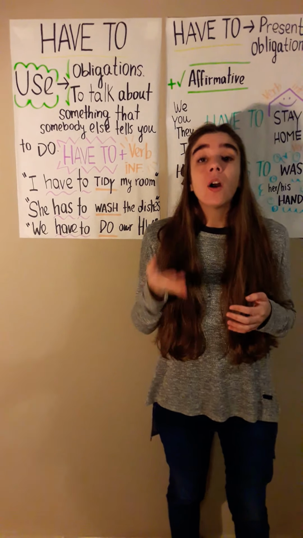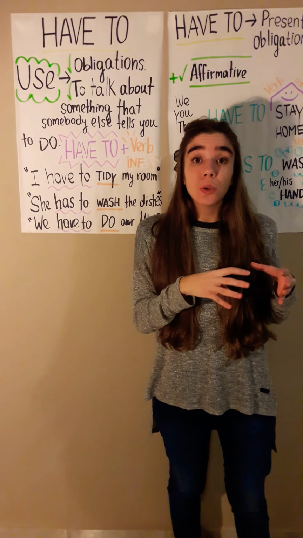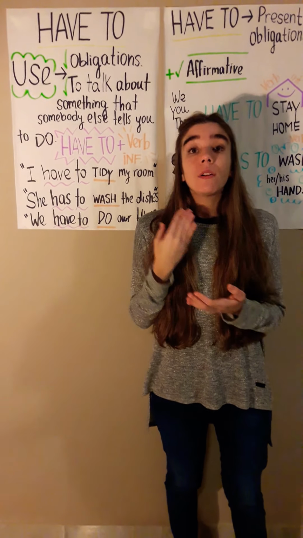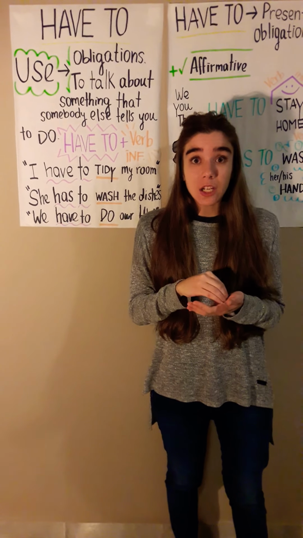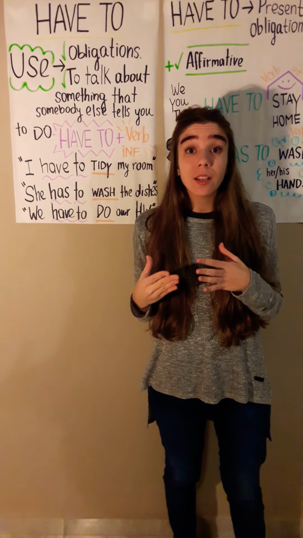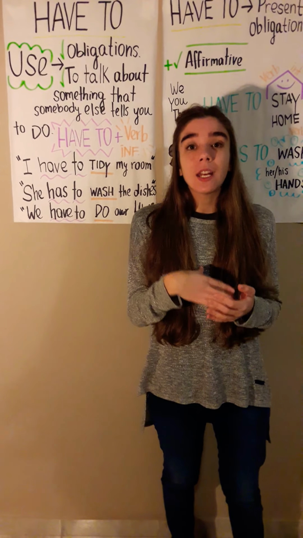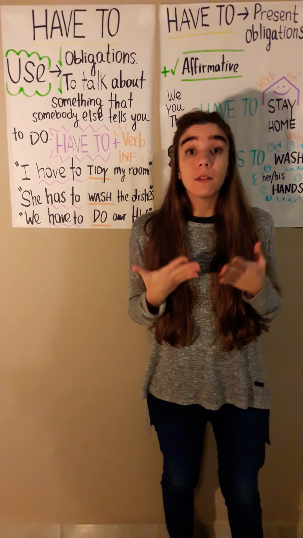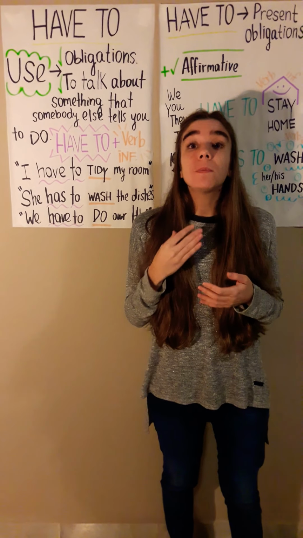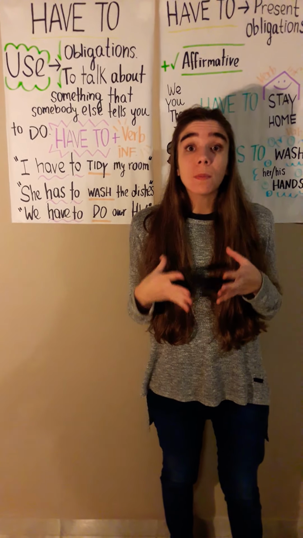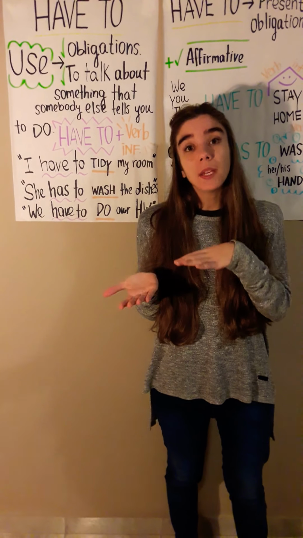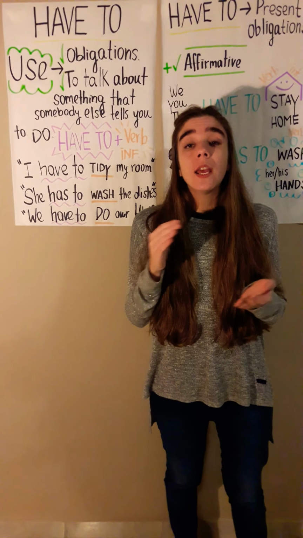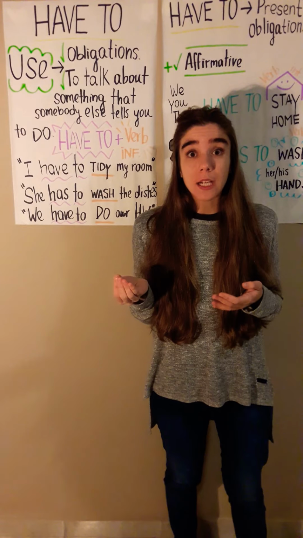And remember, we use have to or has to for present obligations, okay? Obligaciones, things that we have to do in the present, okay? So let's see the form, because we have to pay attention to the form of have to, because it's going to change depending on the subject.